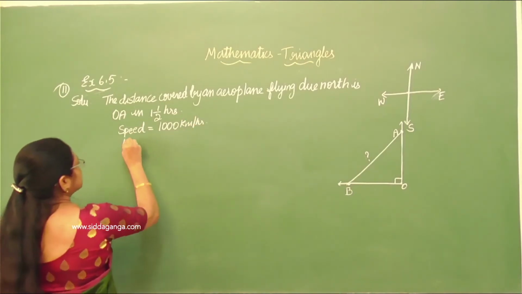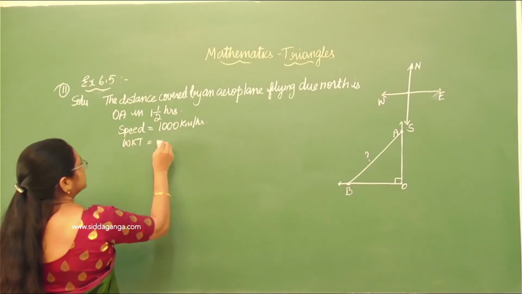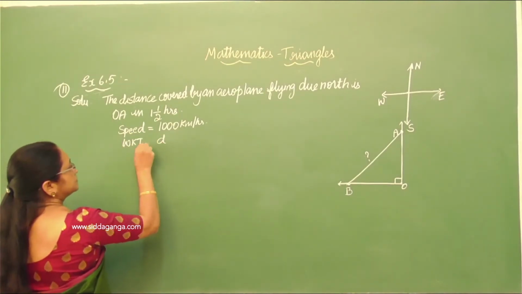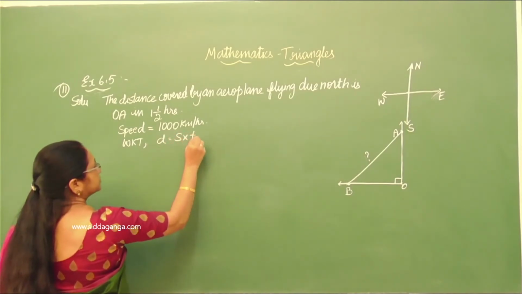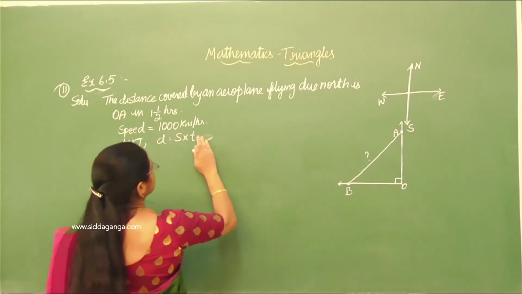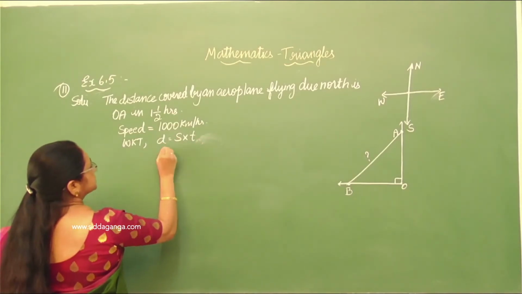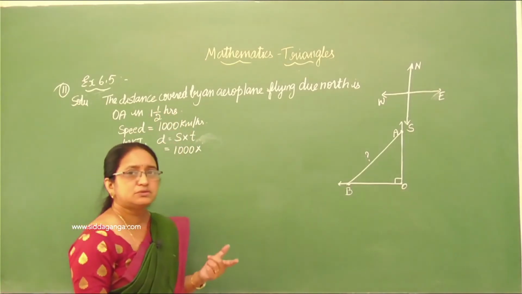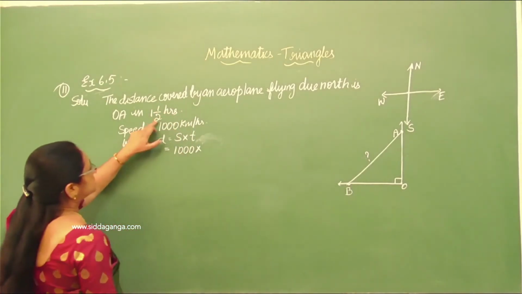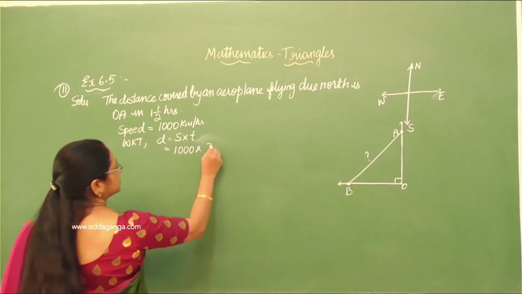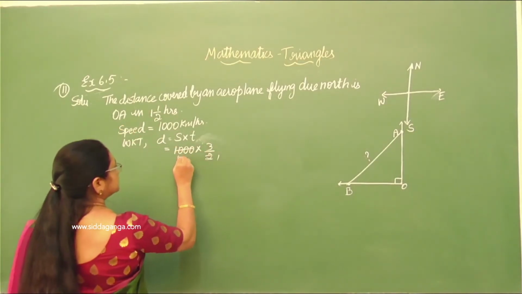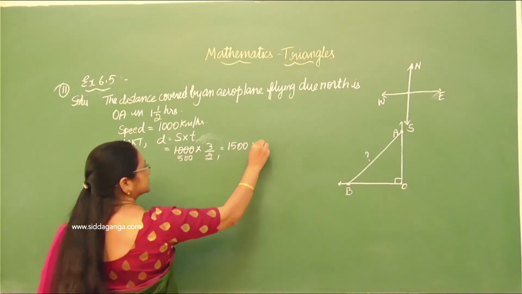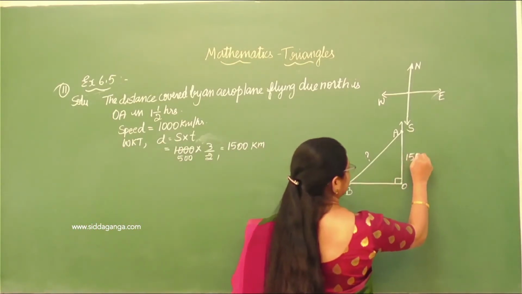And we know that speed is equal to distance by time, and distance is equal to speed into time. So here, distance, speed 1000 into 1.5. I'll convert the mixed fraction into an improper fraction, so 3 by 2. 2 ones are 2, 500, 5 3s are 15. So the distance is 1500.